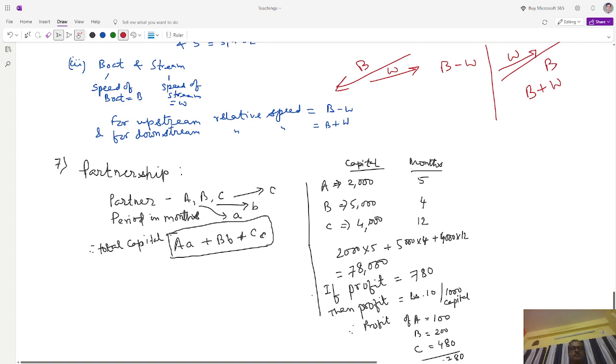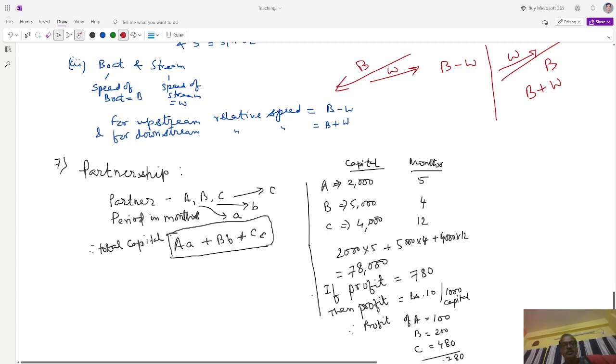Now some cases come in partnership. If A, B, C are the partners of a business and their capitals are invested for a, b, c months respectively, then their total capital will be A into a plus B into b plus C into c, where A, B, C are the capitals of A, B, C respectively.